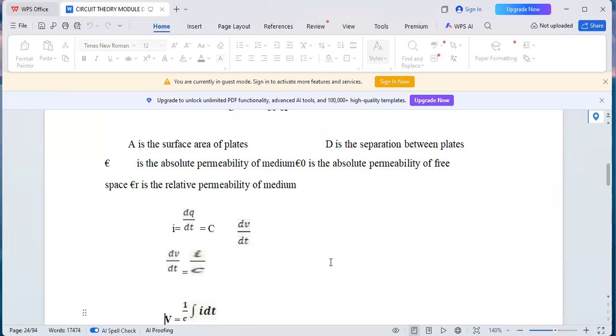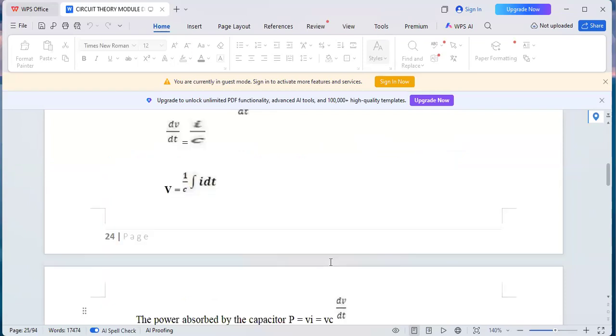So dV/dt is equal to I over C. I think we should understand this. V equal to 1 over C integral of I dt.